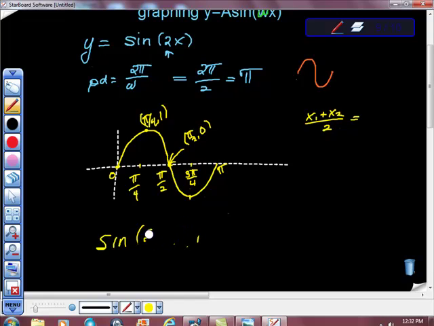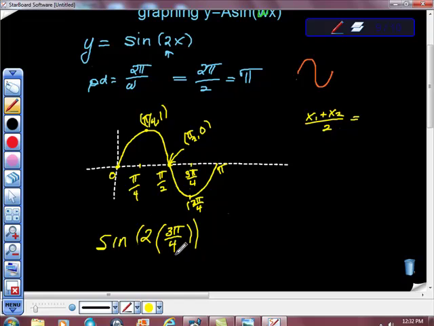Same thing here. Because of the way this thing is moving, when theta is 3 pi fourths, I have to multiply that always by 2. So really the sine value I get is that of sine of 3 pi halves. When I get to 3 pi fourths, I plug the 3 pi fourths into this machine right here.